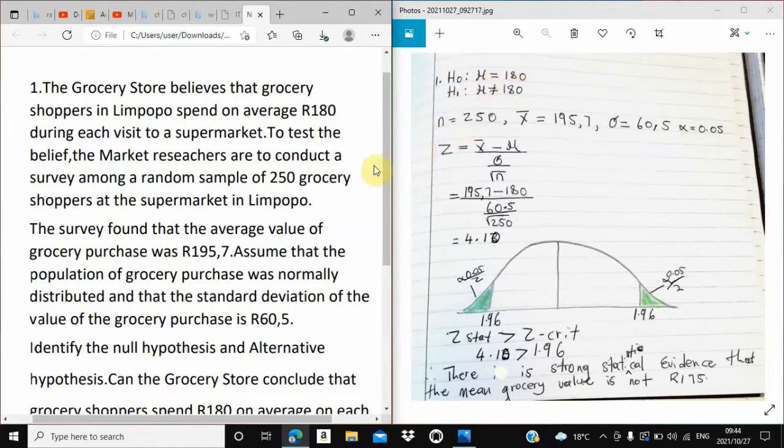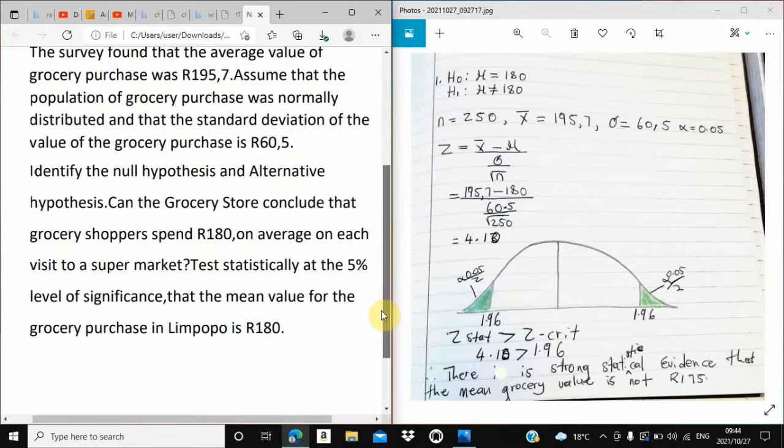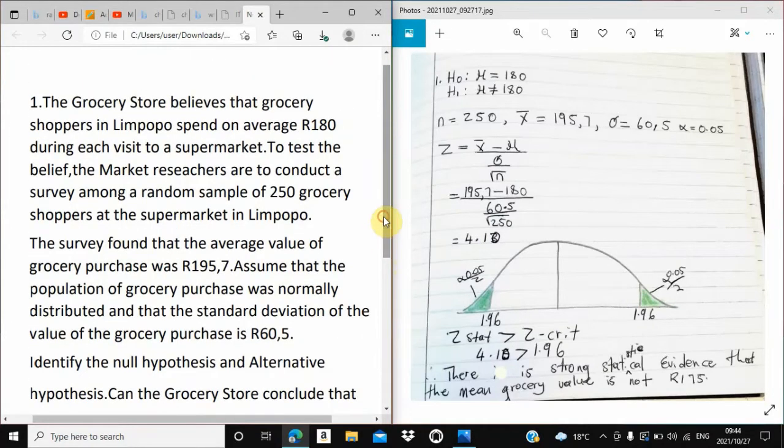Now let's go to the following statement, where they say test statistically at the 5% level of significance that the mean value of the grocery purchase in Limpopo is 108. What we have to do is use this formula, where Z is the statistical evidence.